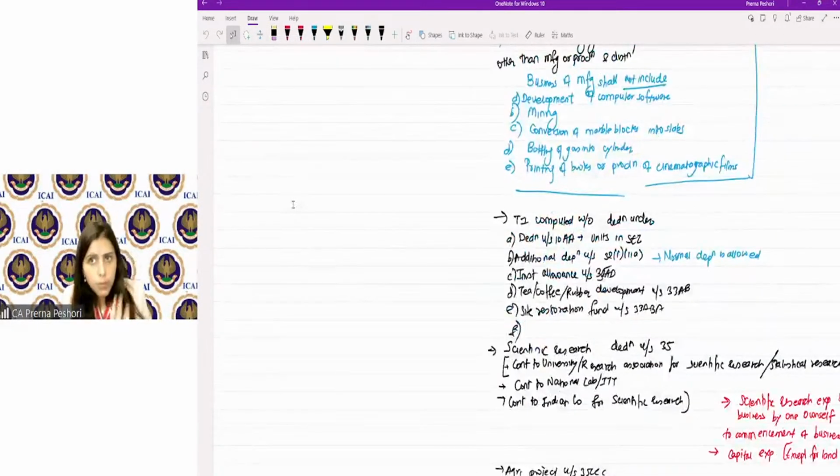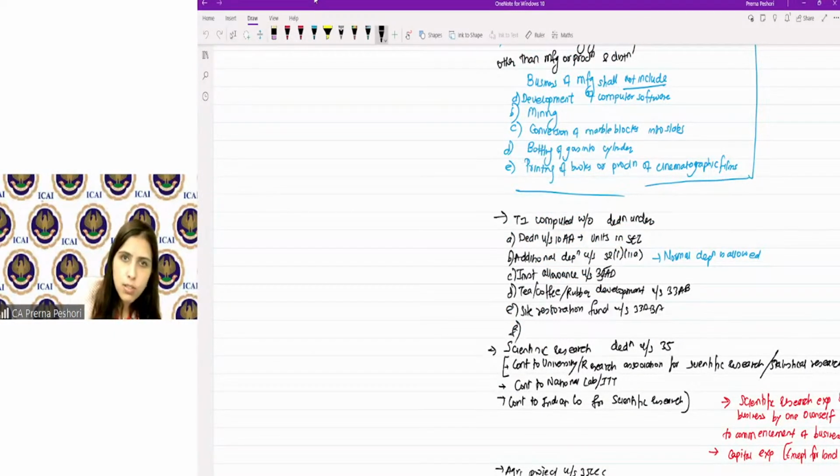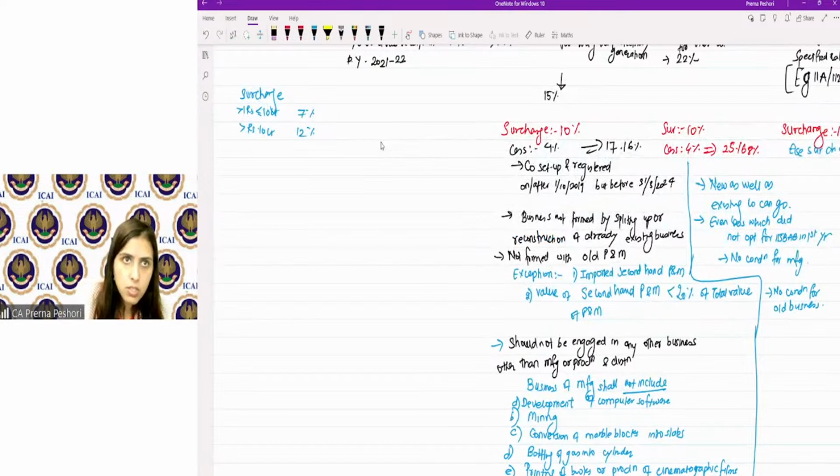Under 115 BAA and 115 BAB, the common condition is, I write it here as common because the chart looks a little messier to me. Let me put it like this so that it's not messier for you at least. This is the manufacturing condition, the split up condition or business condition, we'll name it so that it's easier to remember. Plant and machinery condition.